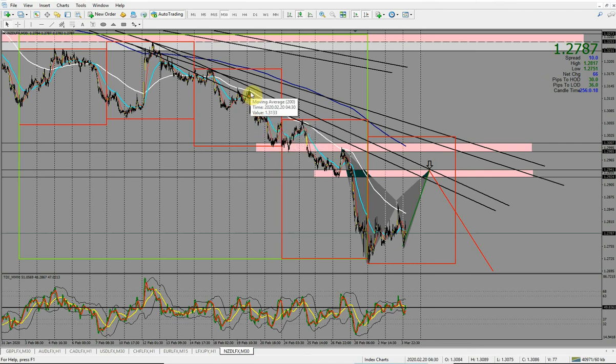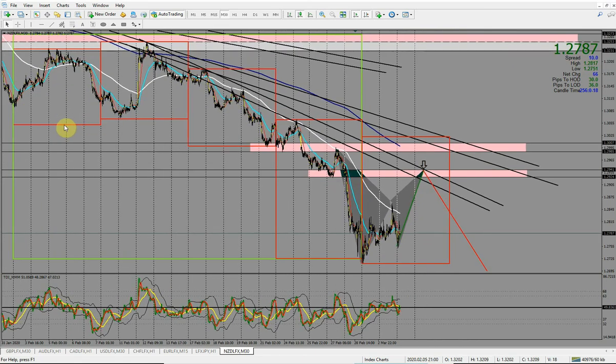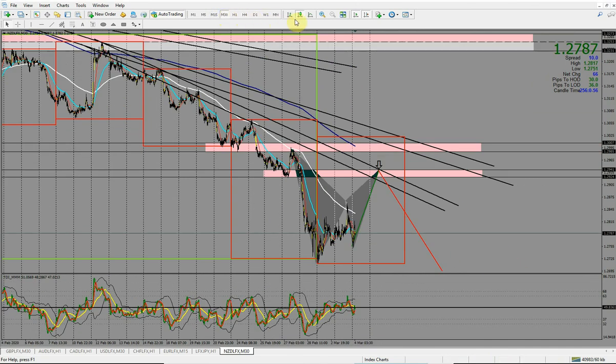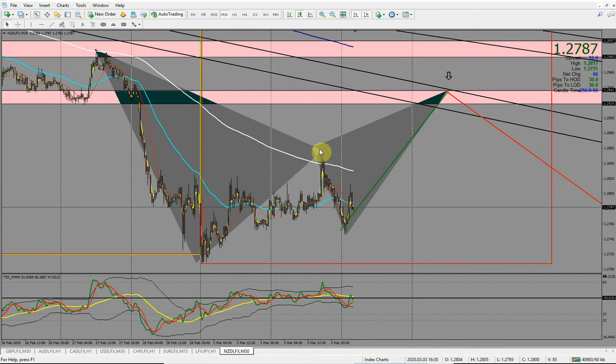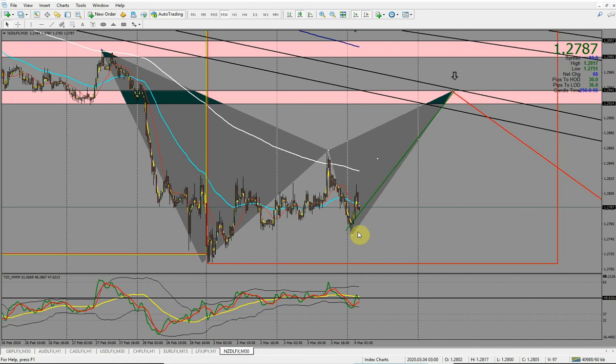This break to the upside was the Asian session. So it has a tendency of moving with the Asian session. So I'm just going to put that properly there.